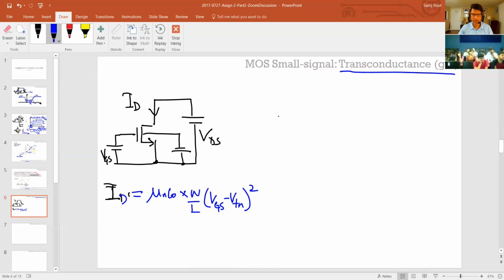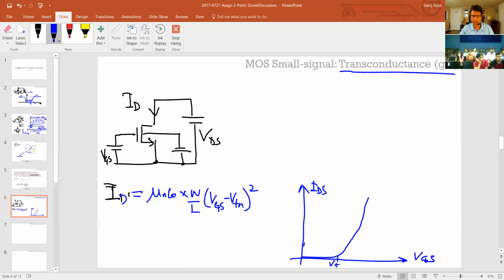So if I draw, for example, the IV characteristics of this, so that's your IDS, and that's your VGS, and then for the voltage till VTN, it is 0.